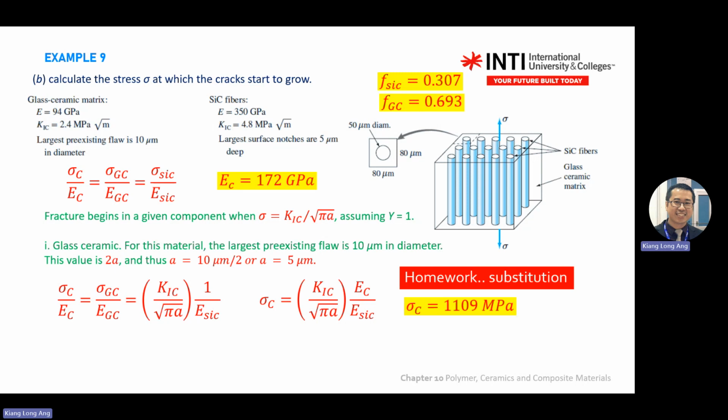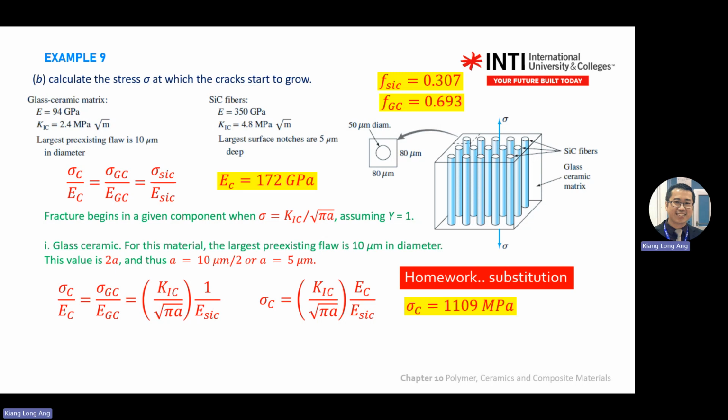Then you look at this one, the SiC fiber notch, 5 micron, actually the same. The A size is the same, also 5. So no matter whether you use this one or this one, it will give you the same answer.